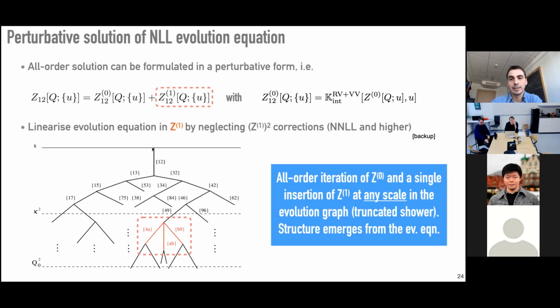But it really amounts to inserting this special block at any kinematical point in the evolution history. And you have to be careful that the insertion doesn't break the leading logs, right? That is crucial. So if you set the weight of that insertion to 0, it has to reproduce exactly the original result. Right.